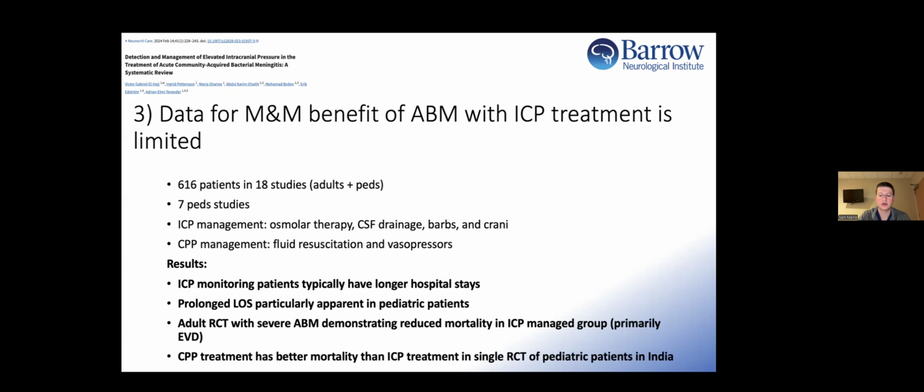This is a randomized controlled trial of pediatric patients in India that showed when you're managing patients with acute bacterial meningitis and elevated intracranial pressure, a better treatment strategy is to increase CPP as opposed to reduce ICP, but this is only in a single study in India.